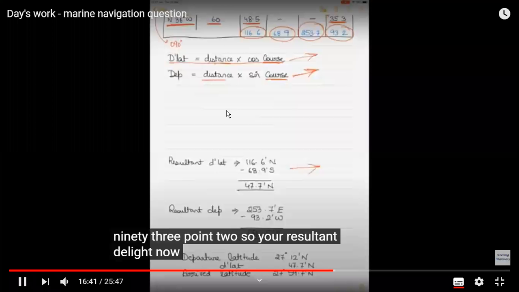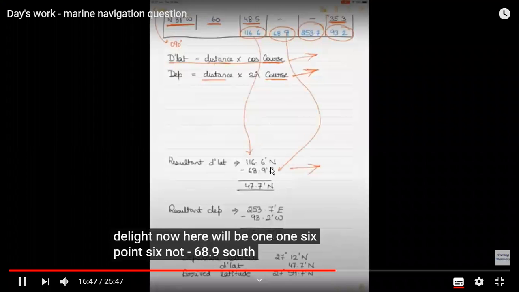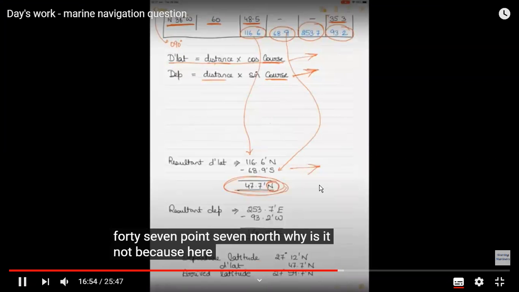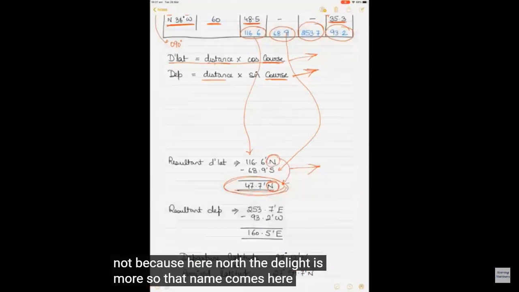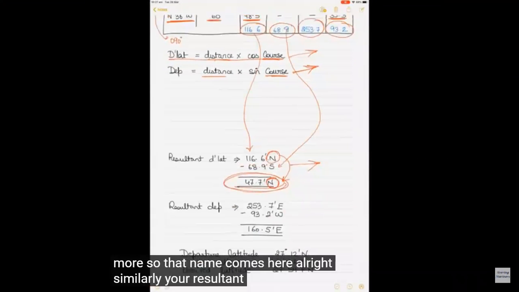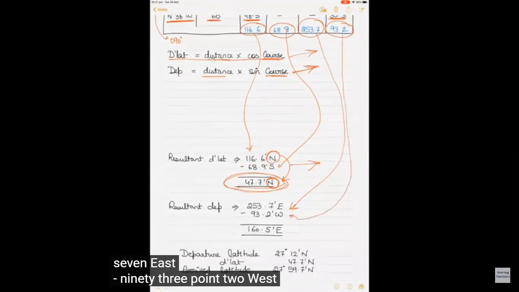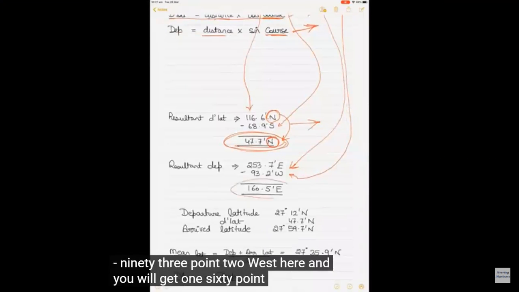So we will get the resultant north-south: total 116 north minus 68 south, so we are going 47.7 miles north. All these distances are in miles. And then for departure, 253 minus 93, so 160.5 miles east.